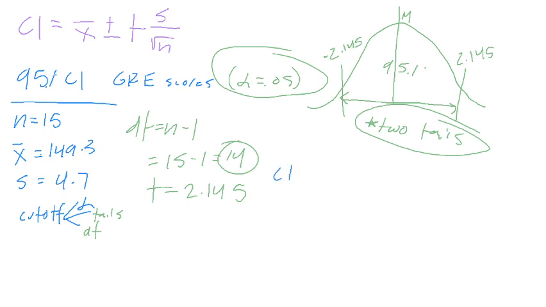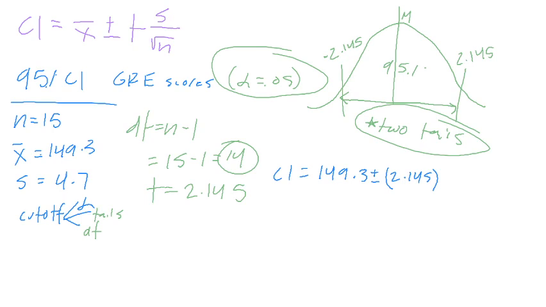So our confidence interval is equal to 149.3 plus and minus this term that follows. That'll be that t to indicate the percentage of the area under the curve we're looking at. And then we need to get what we call the standard error, the standard deviation over the square root of n.